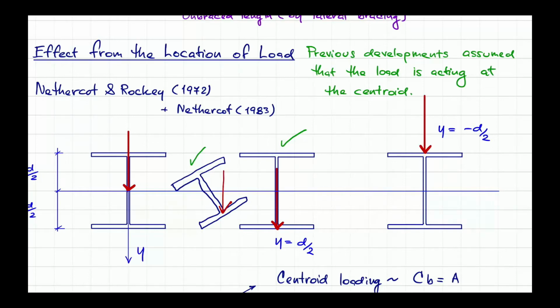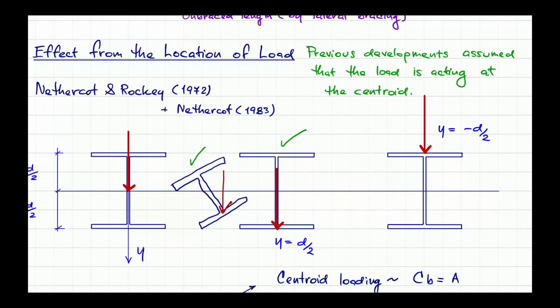The buckling happens. So you can see that the top flange is moving more than the bottom flange. And that causes the rotation of the entire cross section.